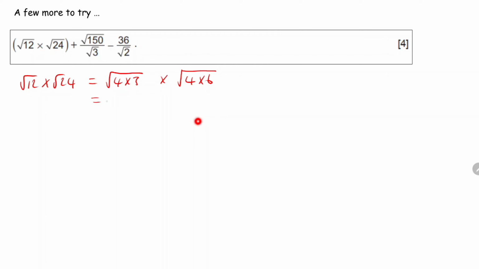So that will simplify to root 4 root 3 times by root 4 root 6, which goes to 2 root 3 times by 2 root 6.